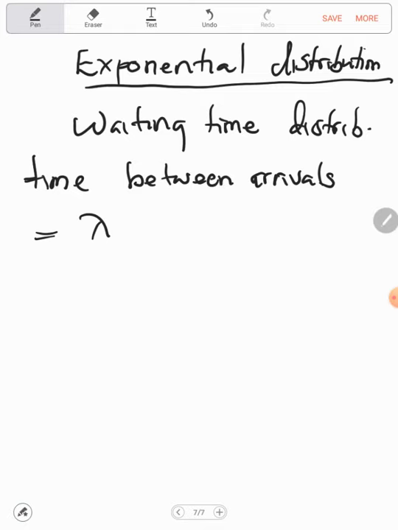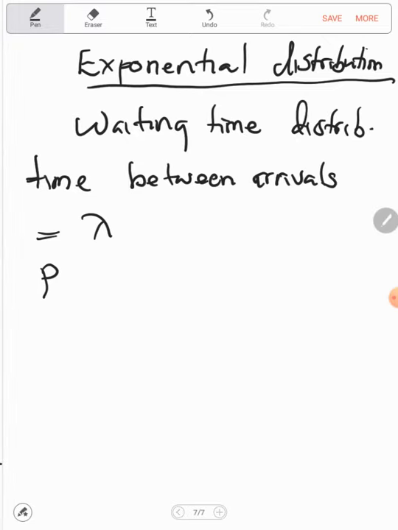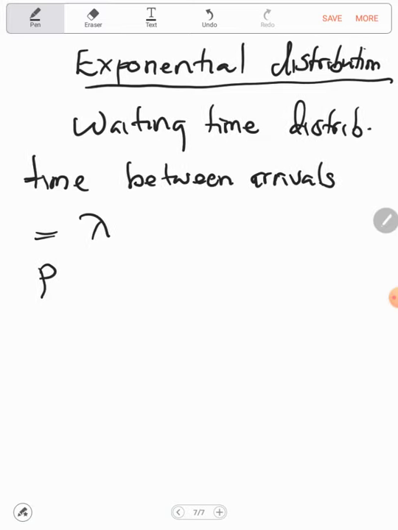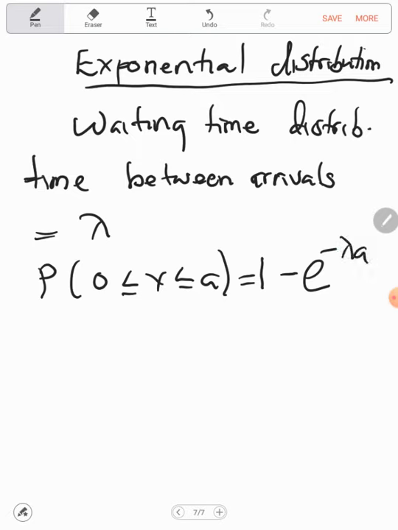And the probability that an arrival time is equal to or less than some specified time a, that is, the probability that x is between 0 and a, is given by the formula 1 minus e to the power of minus lambda a. This is your formula for finding the probability.